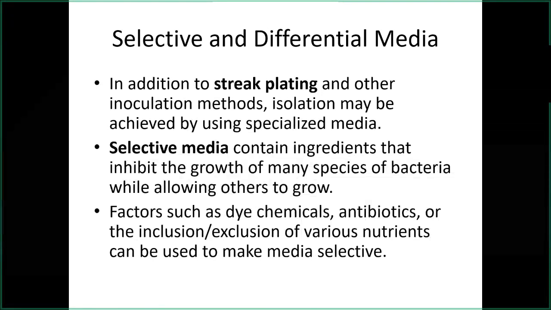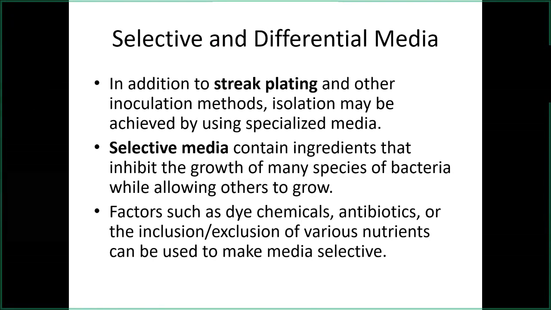Another way to go is to use what are called selective media. Selective media actually do select particular forms out of what potentially might be a mixture of many, and allow you to focus on particular groups based on their metabolism and other features that they have.